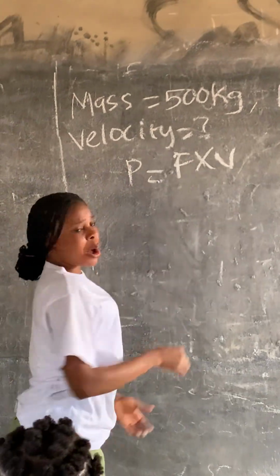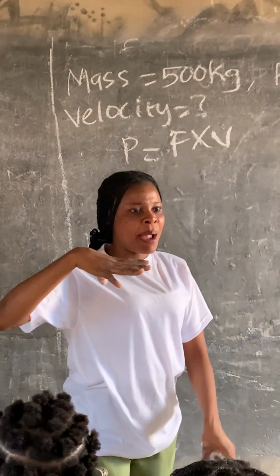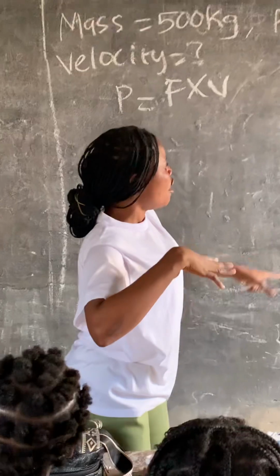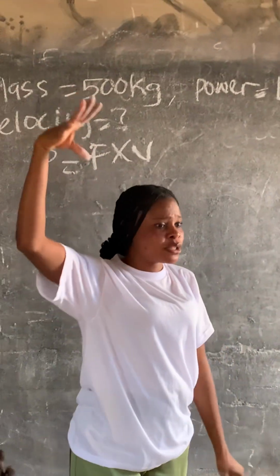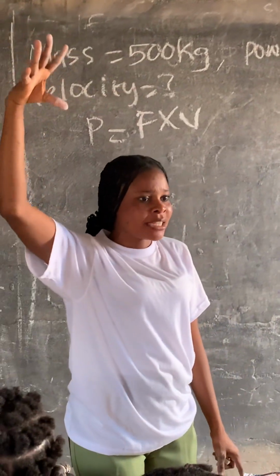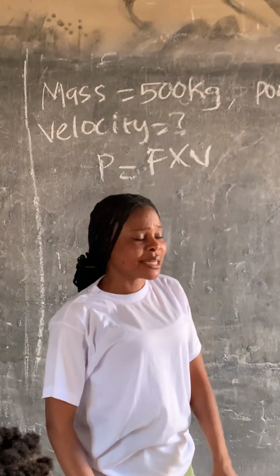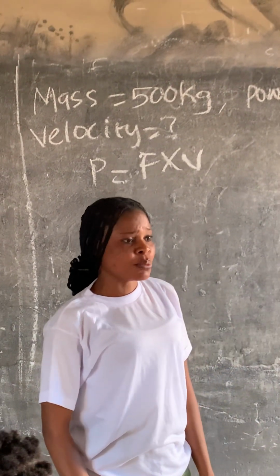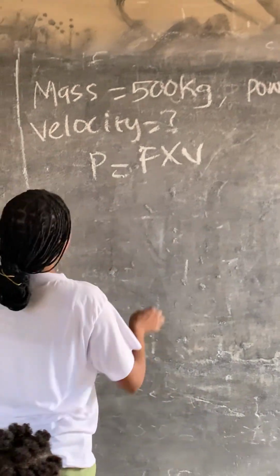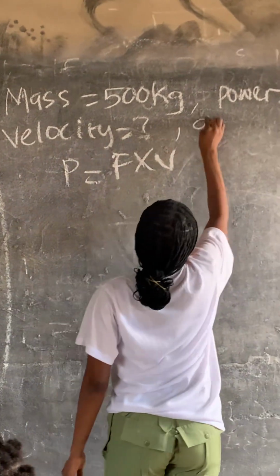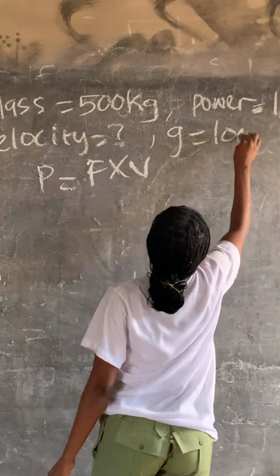So now recall, since the question says it's an elevator, that means it's going up, right? And I told you that when something is going up, that's another work done. That's acceleration due to gravity. Small g is given as what? 10 meters per second squared. Please always note, small g is 10 meters per second squared, right?